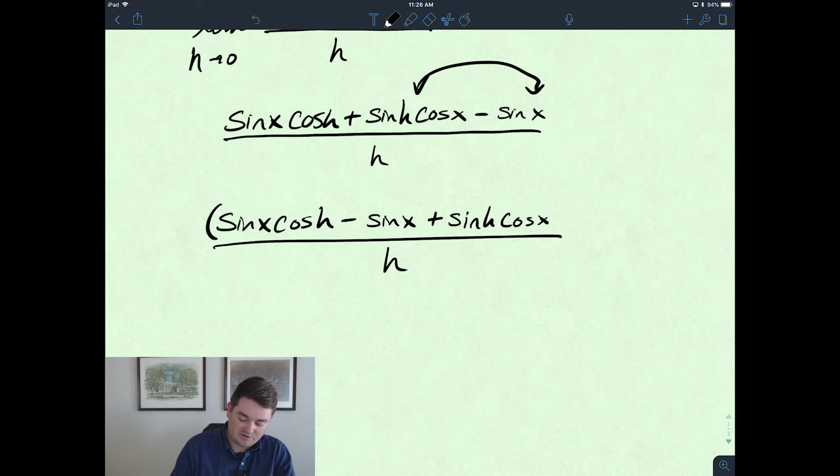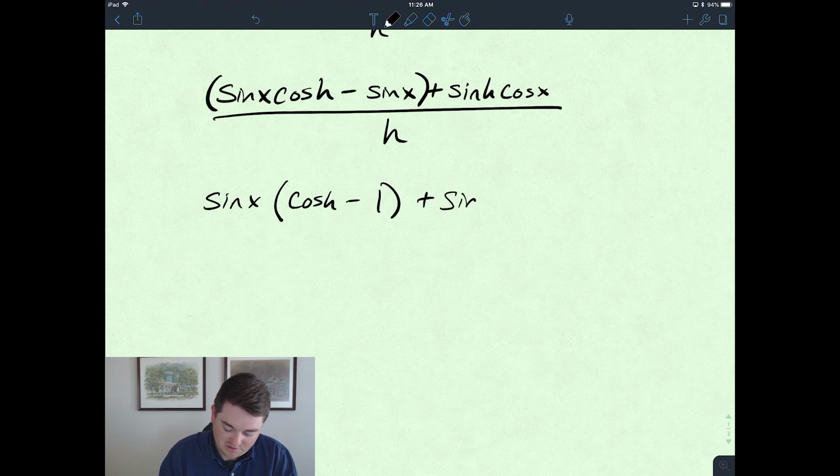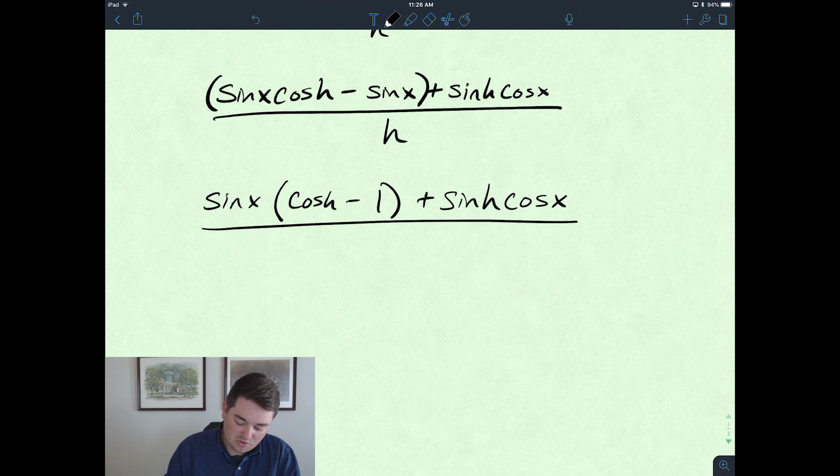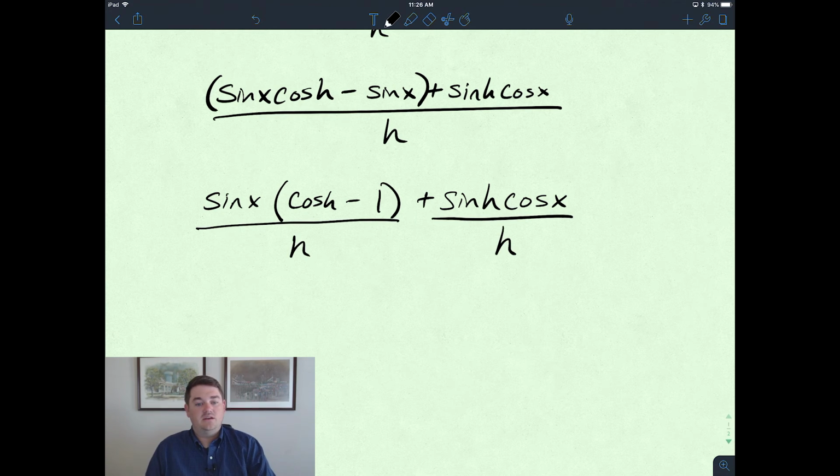Now I'm going to take these two terms and factor the sine x out. So I've got sine x times cosine h minus 1 plus sine h cosine x all over h, except now I'm going to take that denominator and split it. So it's going to be this is over h plus this is over h. Okay.